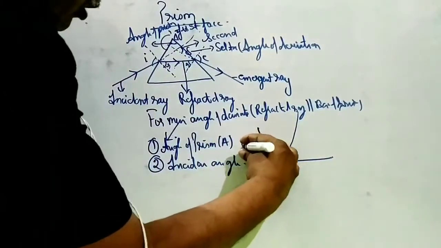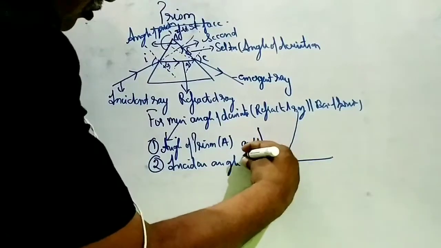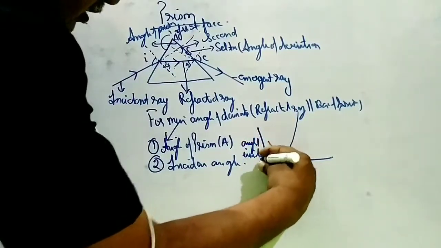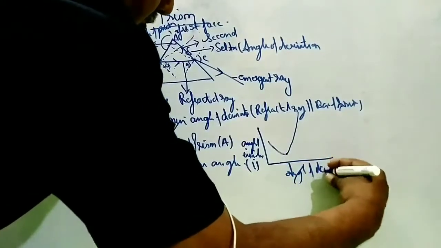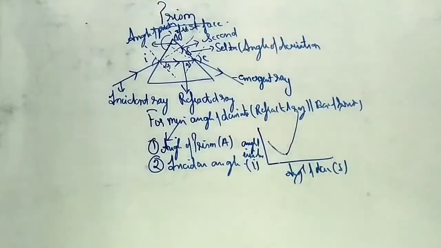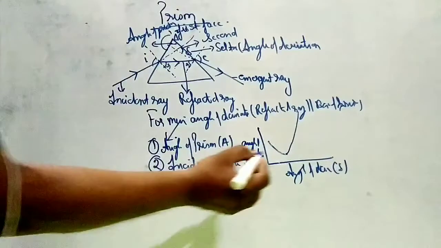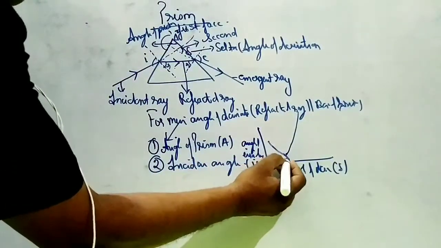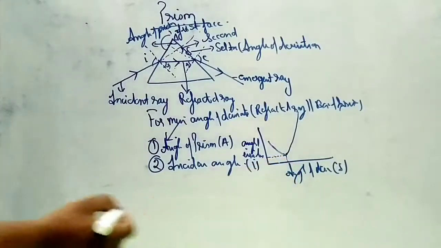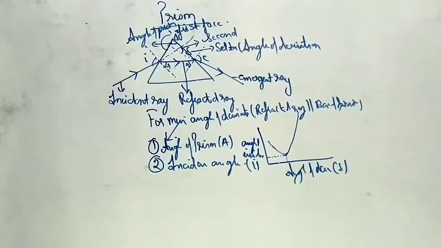This is angle of incidence, denoted by I, and this is angle of deviation, denoted by delta. So as we increase the angle of incidence, the angle of deviation decreases and reaches its minimum point here. This is the angle of incidence at which the angle of deviation is minimum.